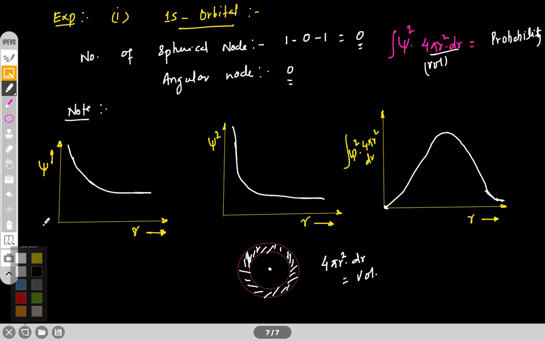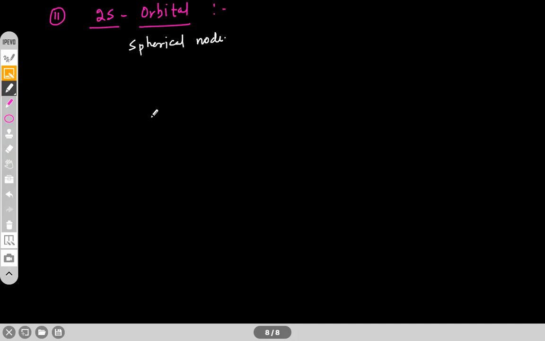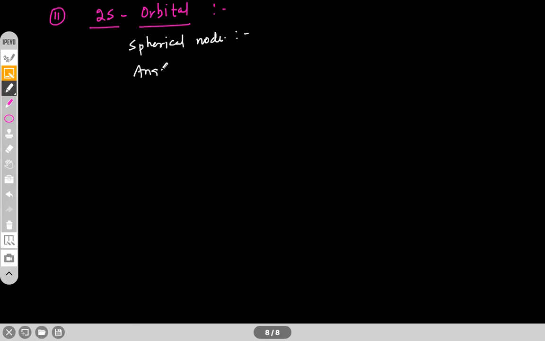Correct? Let us discuss 2s. You will have more clarity on this. So first of all, guys, tell me the number of nodes for the 2s orbital. Tell me, how many spherical nodes do we have? How many angular nodes do we have?